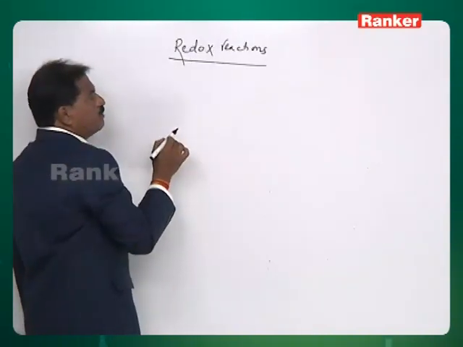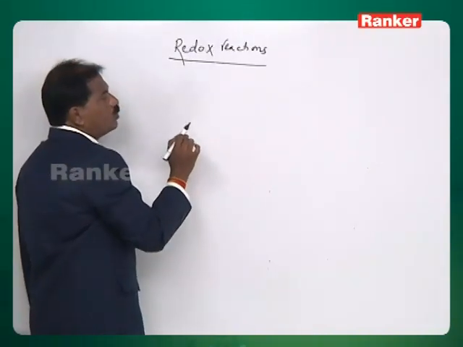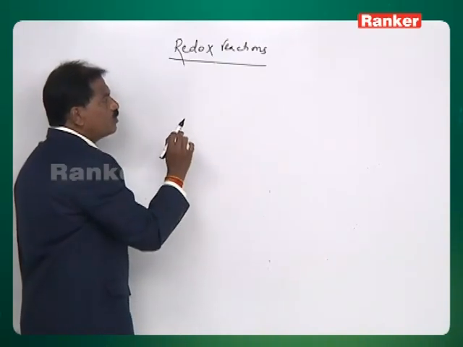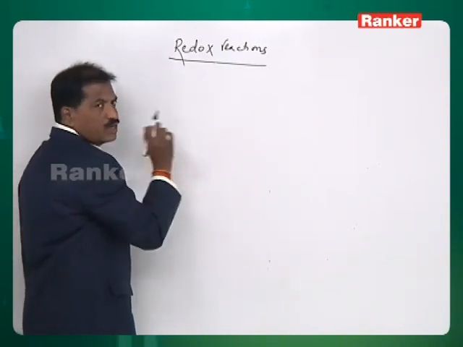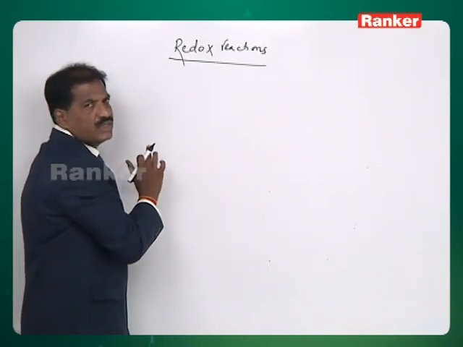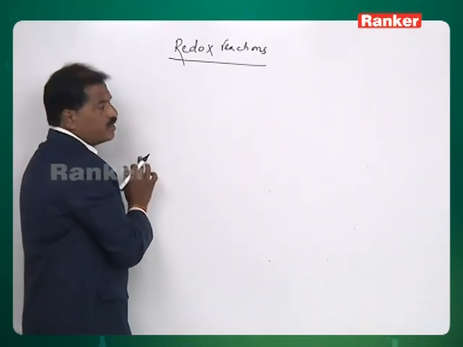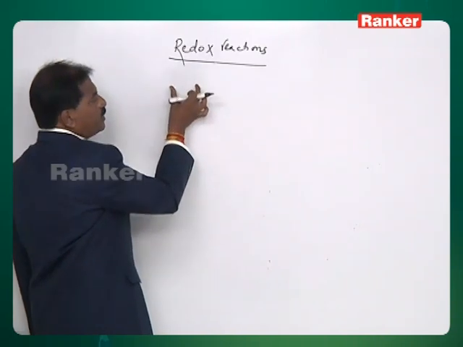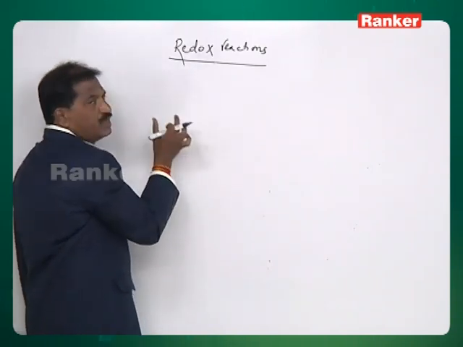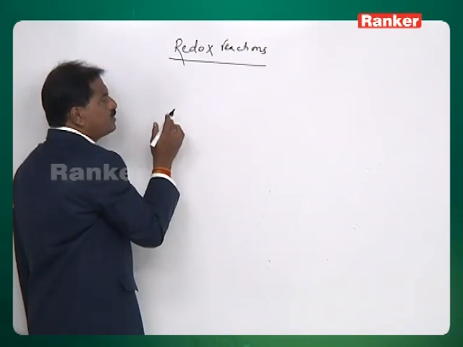Next, in every redox reaction, how do we identify which species will undergo oxidation, which will undergo reduction, which will act as the oxidizing agent, and which will act as the reducing agent? First, when a reactant is given, identify the oxidation state of the central atom.